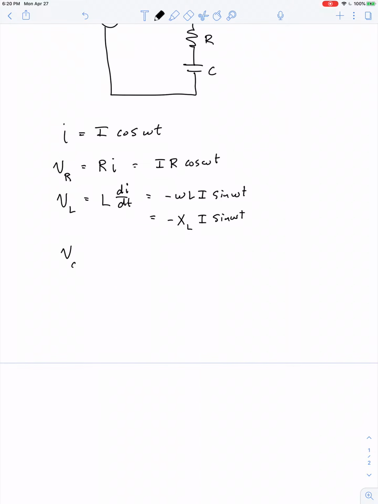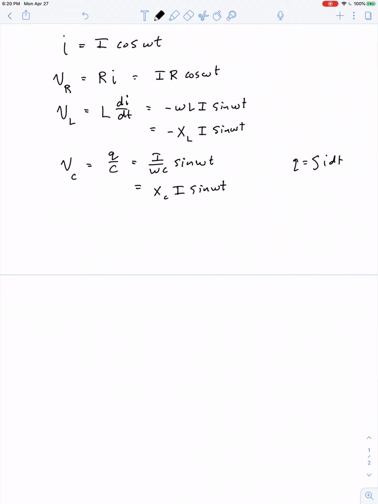The voltage across the capacitor is equal to Q over C, and charge is the integral of I dt. So we get the voltage at any instant is equal to I divided by omega C times sine omega t, but that's just as good as X sub C, I sine omega t.